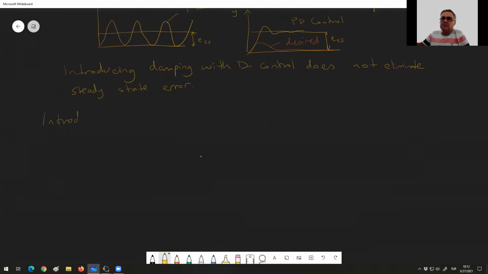So introduce, let's say, integral control, which is P plus I plus D. So this is proportional, this is derivative, as we know, and this is the integral action now.